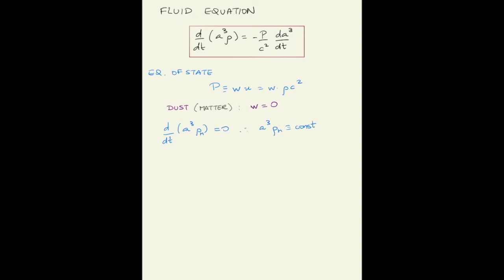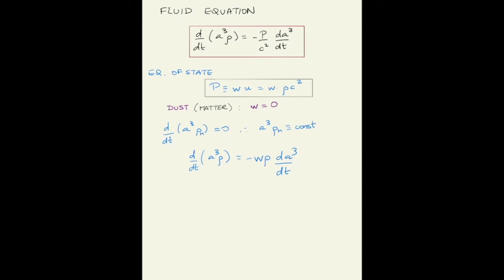Now, in general, for the pressure given by the equation of state, with w not equal to 0, the fluid equation is a bit cumbersome because you have time derivatives on both sides. We can try to find a chain rule so that we have a single time derivative instead of two. Let's go back and write the fluid equation with the general equation of state with w not equal to 0.